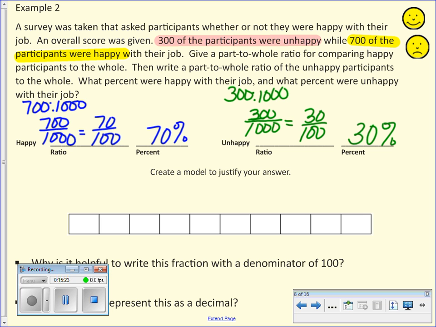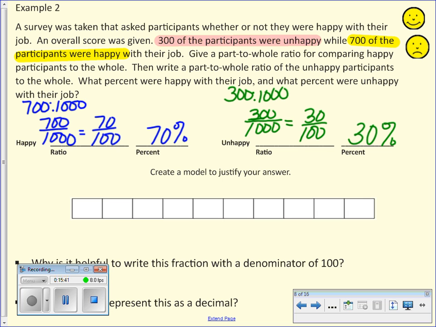Now let's try a model. So draw your double number line or tape diagrams or a combination of both. Draw the model. 10 boxes.